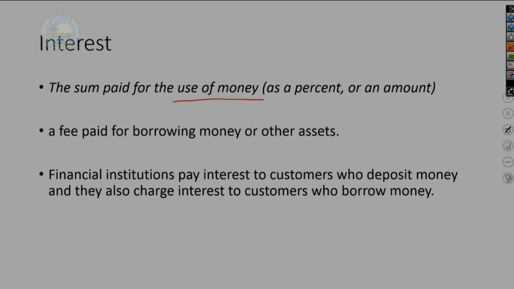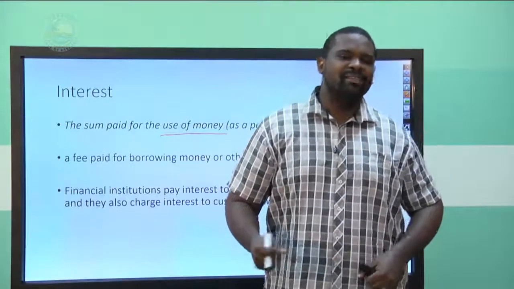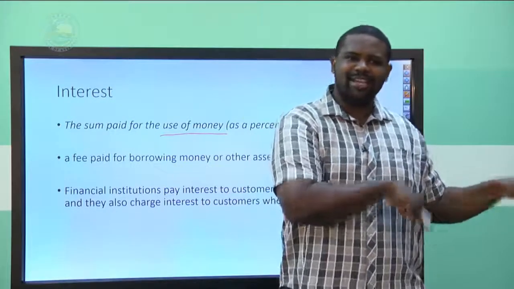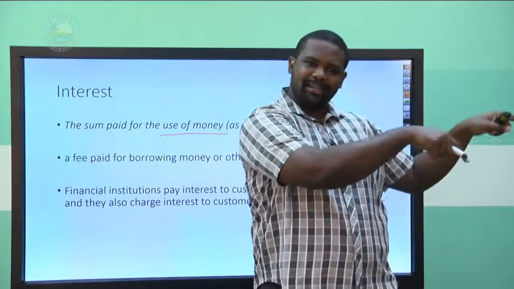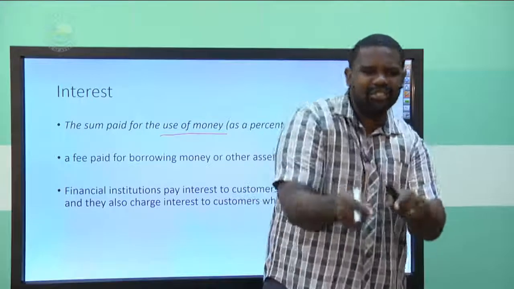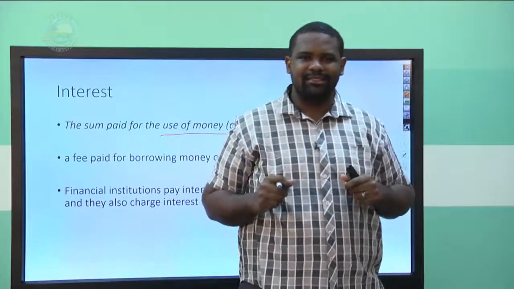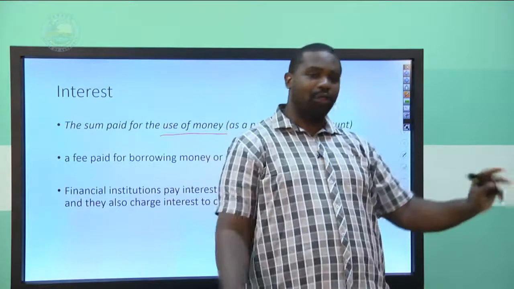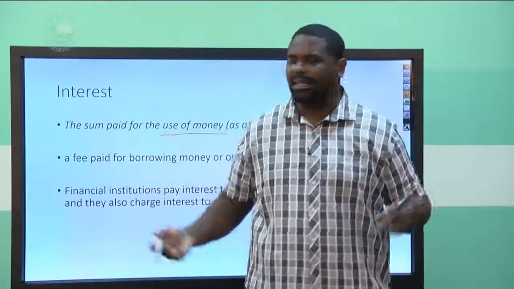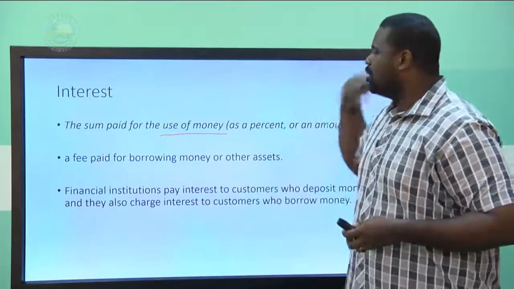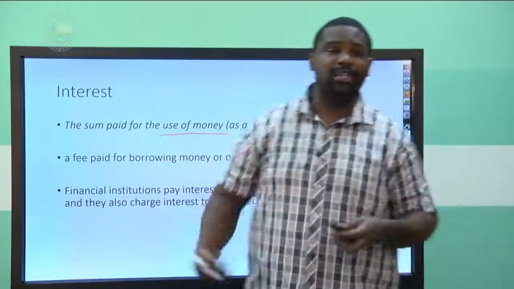What is important, and one thing I want you to note, is that financial institutions pay interest to customers who deposit money. Because when you deposit money, the bank has that money to lend to other customers so that they can get interest from those customers and then give you some of the interest that they get. That's the whole thing. Interest is all about the sum paid for using money.